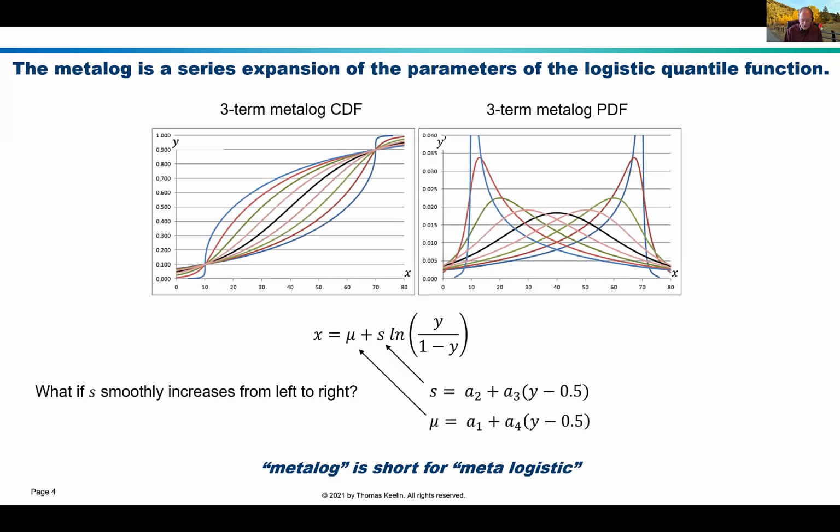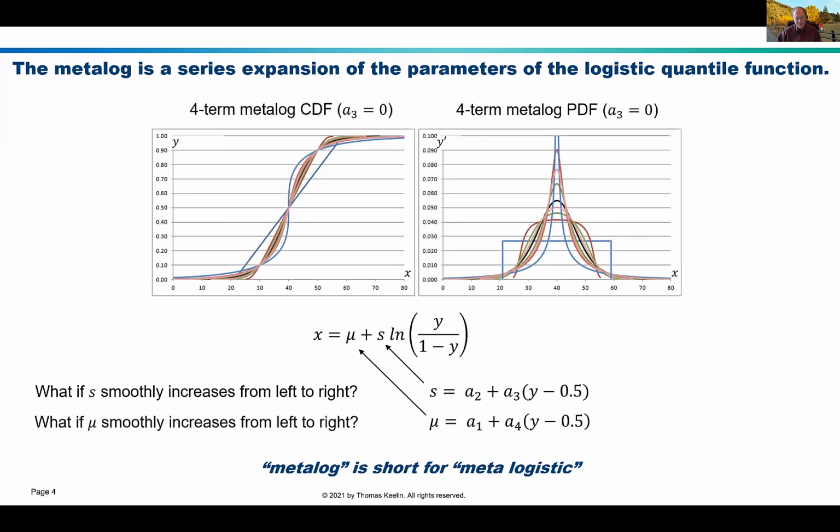We can do the same thing with mu. We can ask, what if mu smoothly increases from left to right? Well, if it does, and if we use the same sort of linear equation with a different set of constants associated with it, we get all of these shapes, all the way from uniform up to something that's very, very peaked with very fat tails.